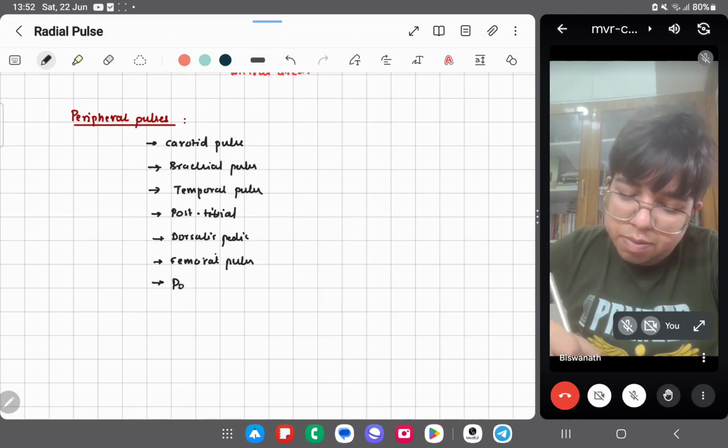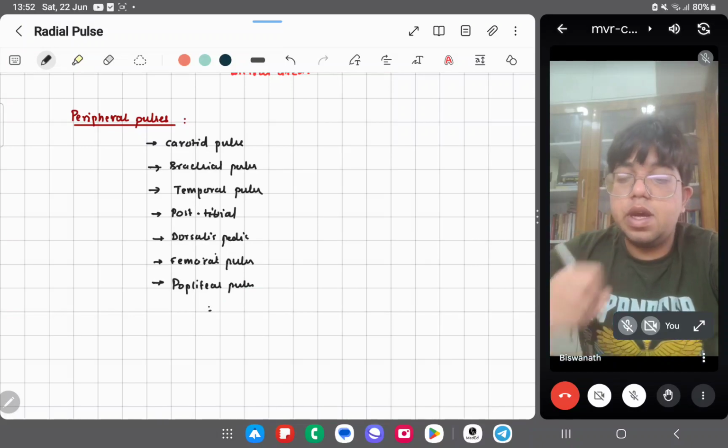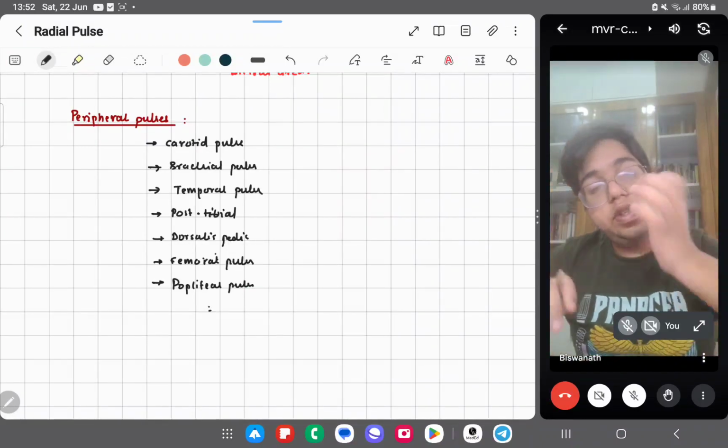Femoral pulse means popliteal pulse will be there also, right? These are the things which you have to know.